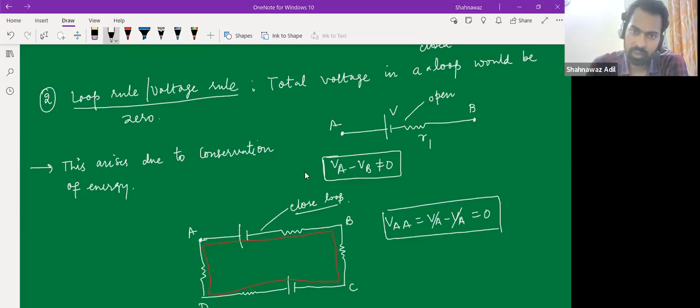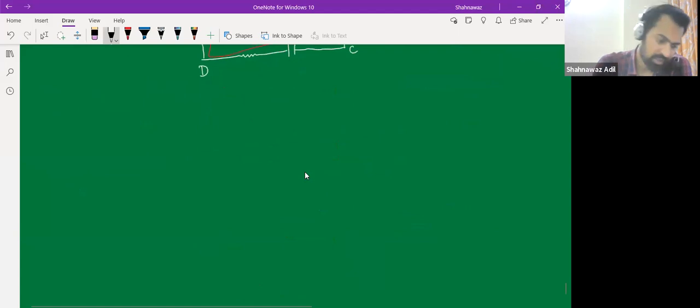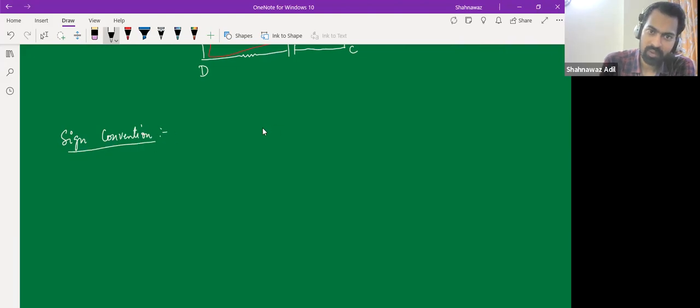So now let us talk about the sign convention. Whenever you have, let's say, this cell, and you are assuming the loop in this direction, then the voltage would be minus.